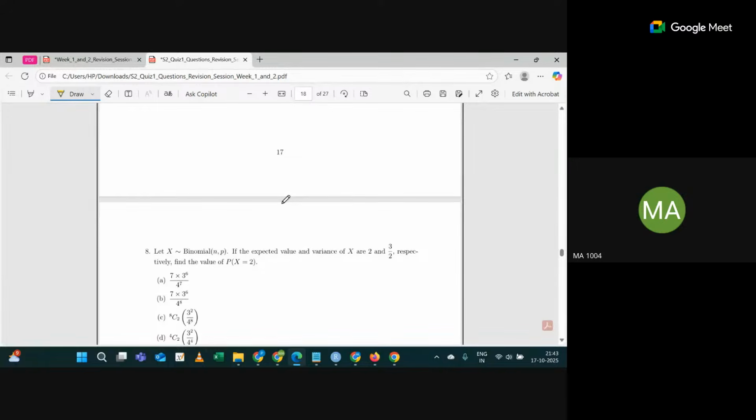Actually, this is not from week 1 and 2, but I gave it just to check whether you are able to solve it. I think it's from week 1 and 2, because expectation and variance we are dealing with in week 3. But anyway, I think you can solve it, right? I don't think there should be any problem.